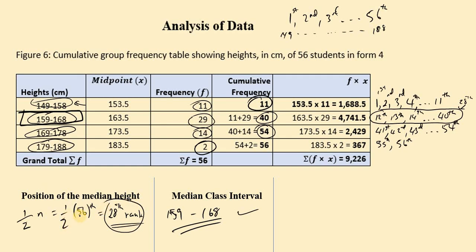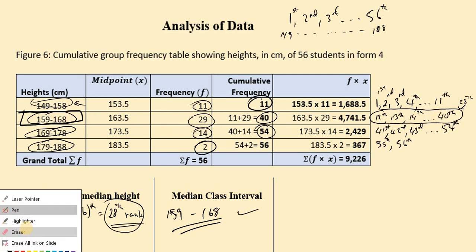Median means the middle: you find half of the total students, the 28th ranked student, assuming that they're in order of size according to their heights. Then we find the 28th person, and that 28th person will be in this category.